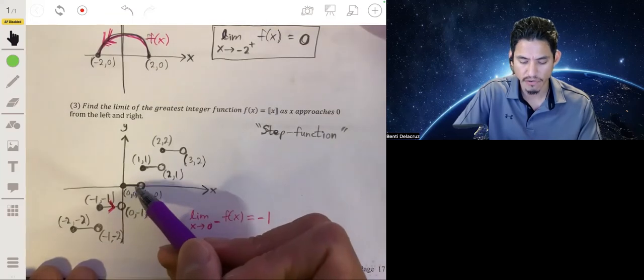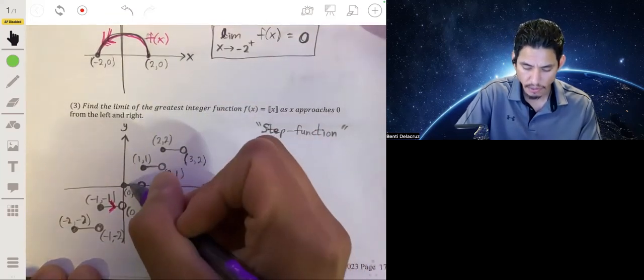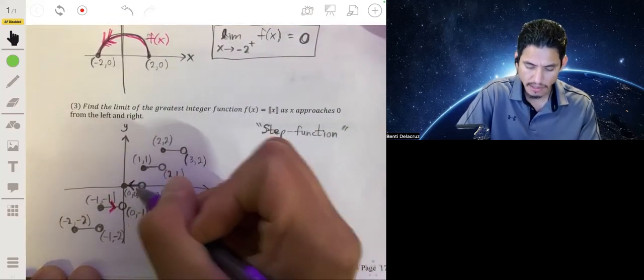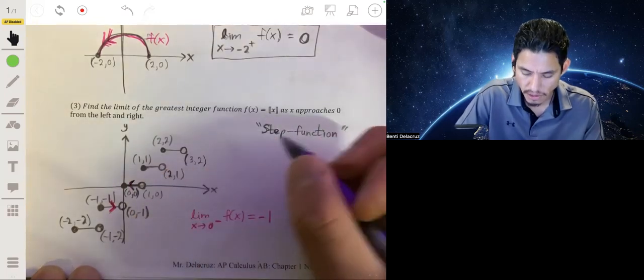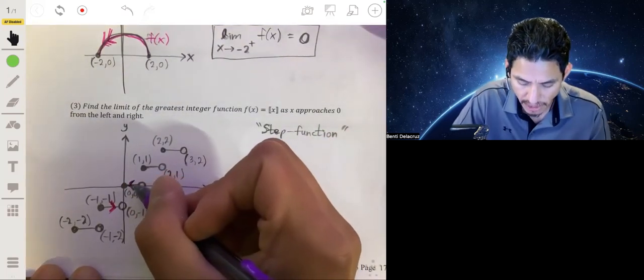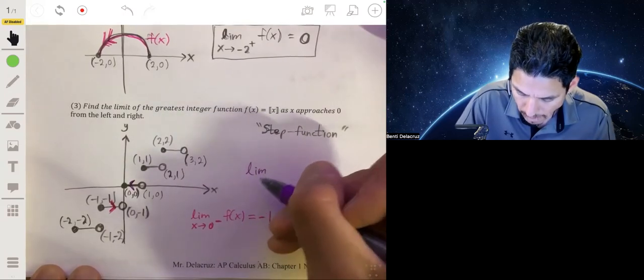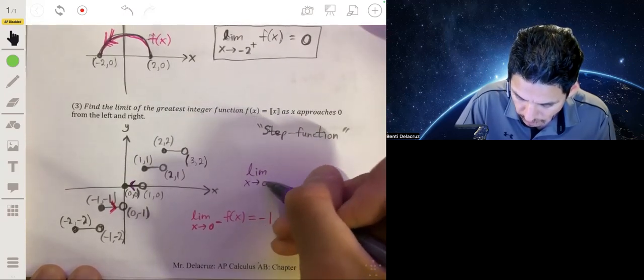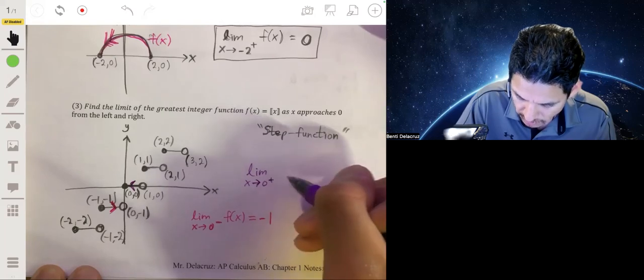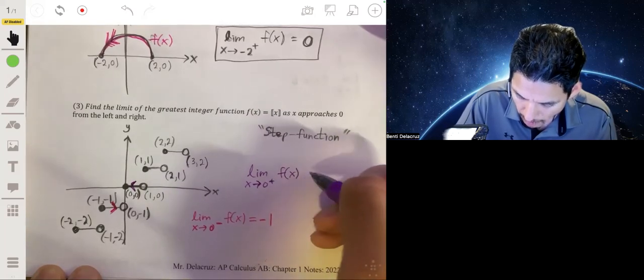Well, if we're approaching 0 from the positive side, we're going to be on this step right here. So the limit as x approaches 0 from the positive side will actually just be 0.